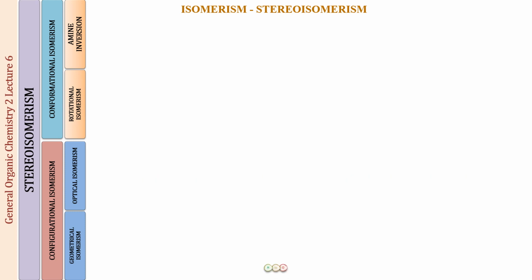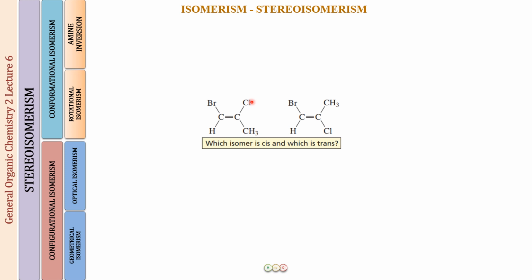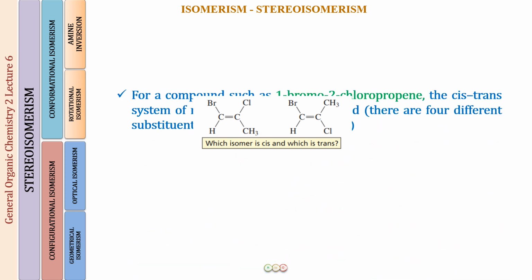Now that you have understood what is cis-trans isomerism, I have a question for you. The question is that you have to name these compounds. First of all, you have to name these two compounds, and then you have to tell me which is a cis isomer and which is a trans isomer. Can you tell that? Well, you will not be able to tell. Why will you not be able to tell?